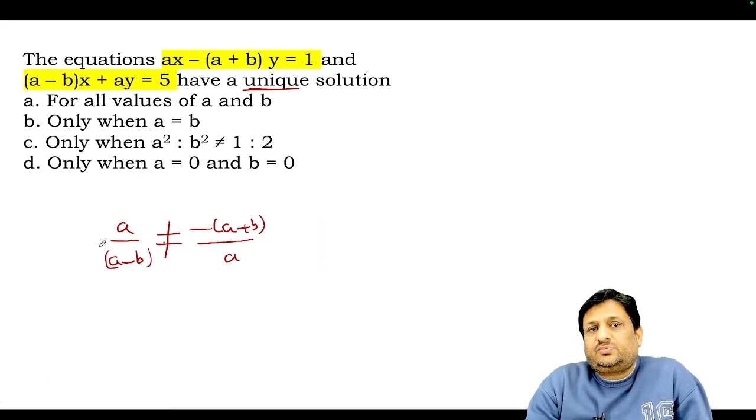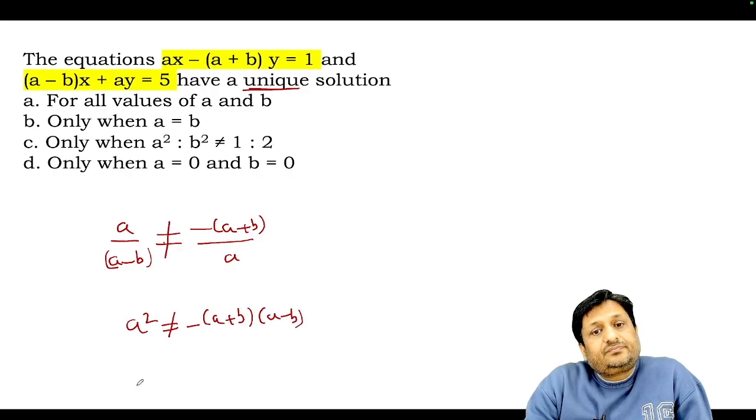Now, let's cross multiply them. So A square must not equal minus of A plus B into A minus B, and A square must not equal minus of A square minus B square. You know the formula, A plus B into A minus B becomes A square minus B square.